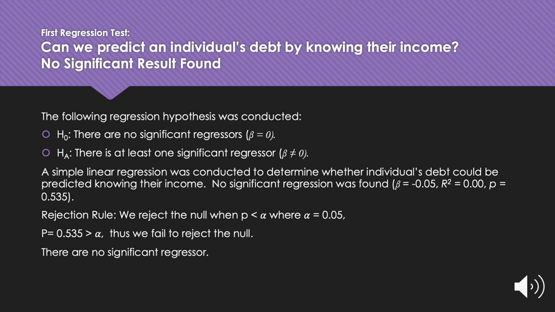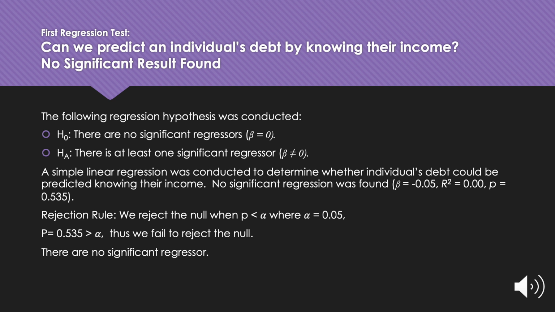A simple linear regression was conducted to determine whether individuals' death can be predicted knowing their income. No significant regression was found, with beta equal minus 0.05, r square equal 0.00, p equal 0.535.